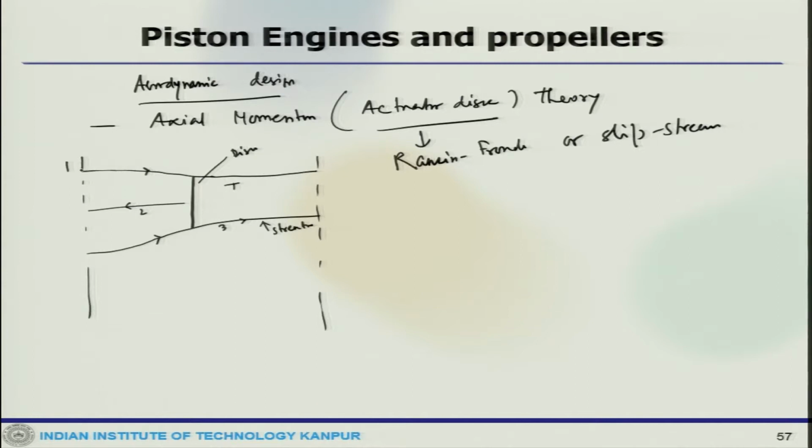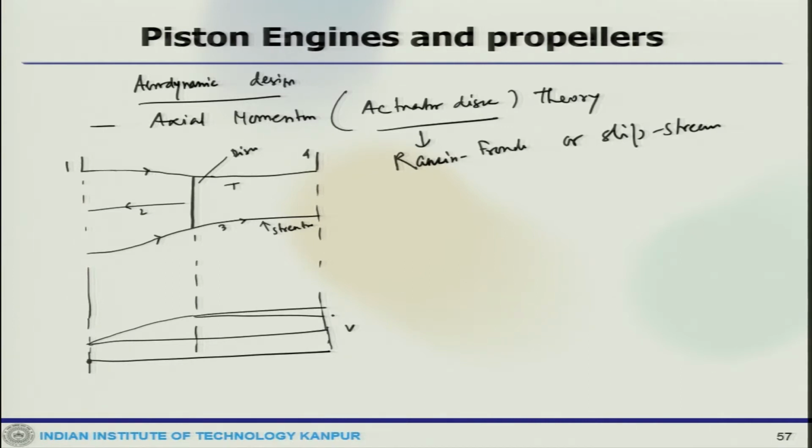That is 4, and if we plot this, so now this could be V, then this is V1 plus a, V1 plus b, this is velocity.